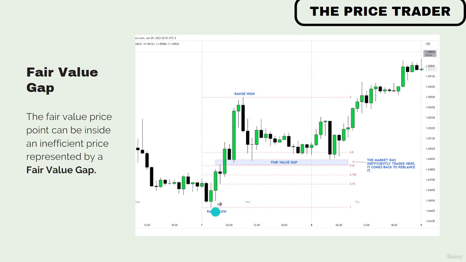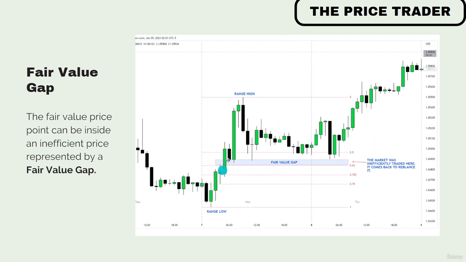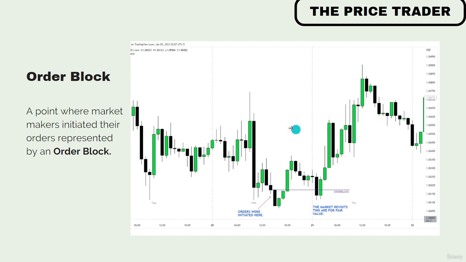Within the range high and low, the market was going higher, but it left this gap, and now it comes back to reference within the discount for you to buy even more within the market. The market was inefficiently traded in this level, and it comes back to rebalance that level. So that's essentially what a fair value gap reference point looks like.